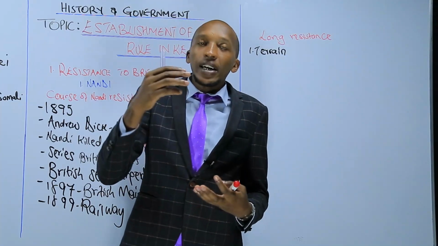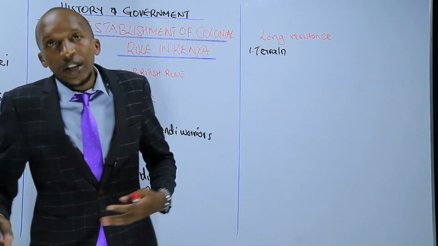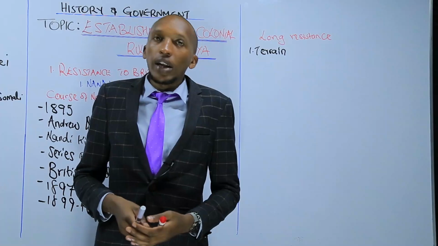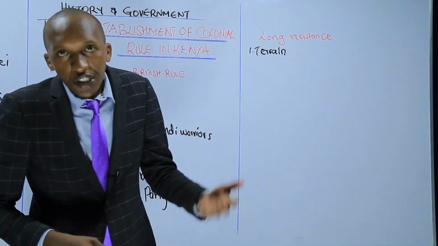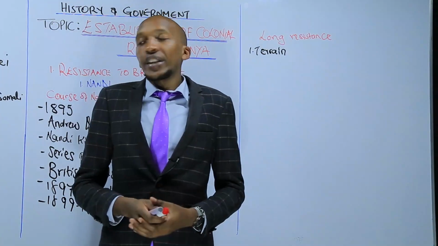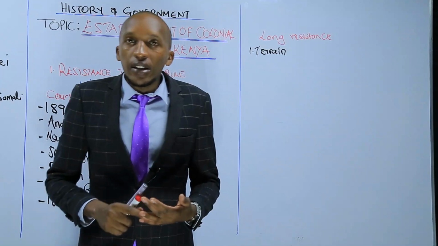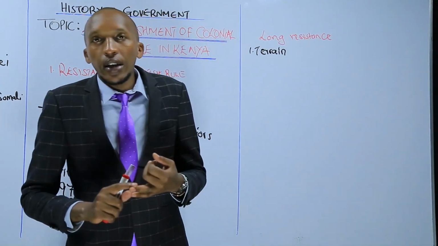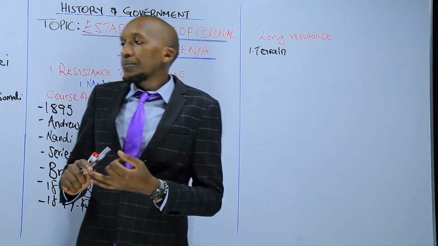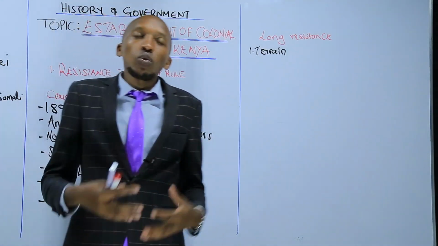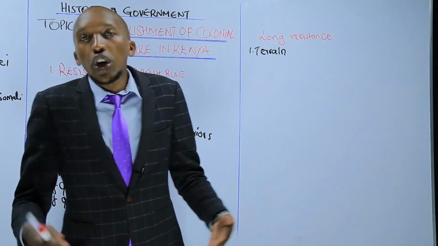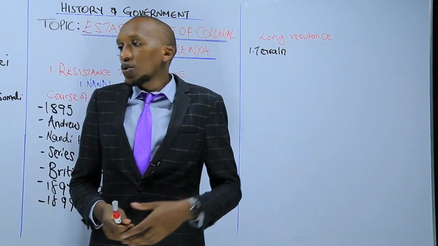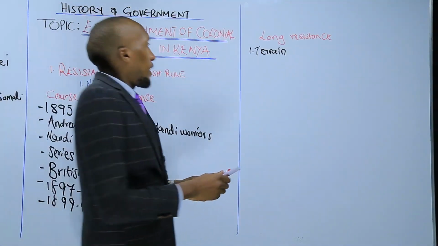They have hills, they have valleys. So they understood their terrain very well, as opposed to the British, who were visitors in that area, and even the Swahili and the Somali and the Indians who were coming to help the British could not understand that terrain. So that gave them an advantage.